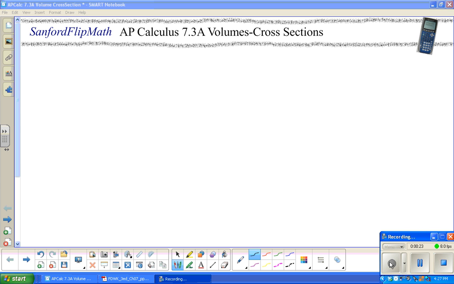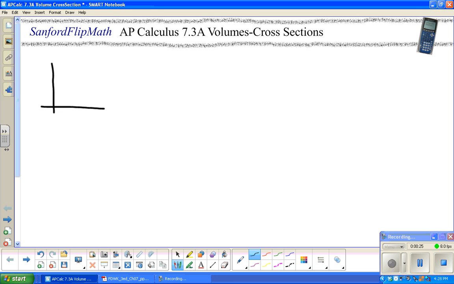Just a quick reminder that when we first started finding areas, typically what we would do is slice up an area into chunks, and usually we used rectangles initially, like a left rectangular approximation method.